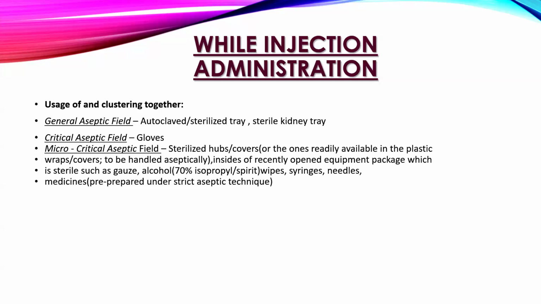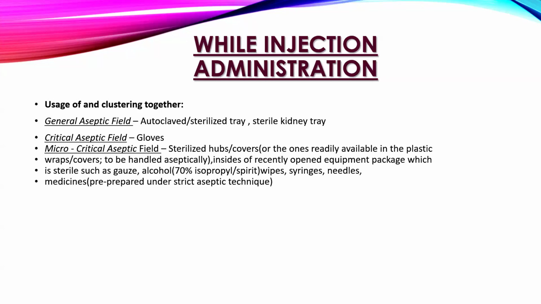The insides of recently opened sterile equipment packages, such as gauze or alcohol wipes, syringes, needles, and medicine, also come here. There come pre-prepared packs of medicines that we directly administer to patients, which also need to be handled very aseptically. So what I need to say is that we can touch the general aseptic field using non-aseptic technique, that is, if both of our hands are utilized as the sterile field.